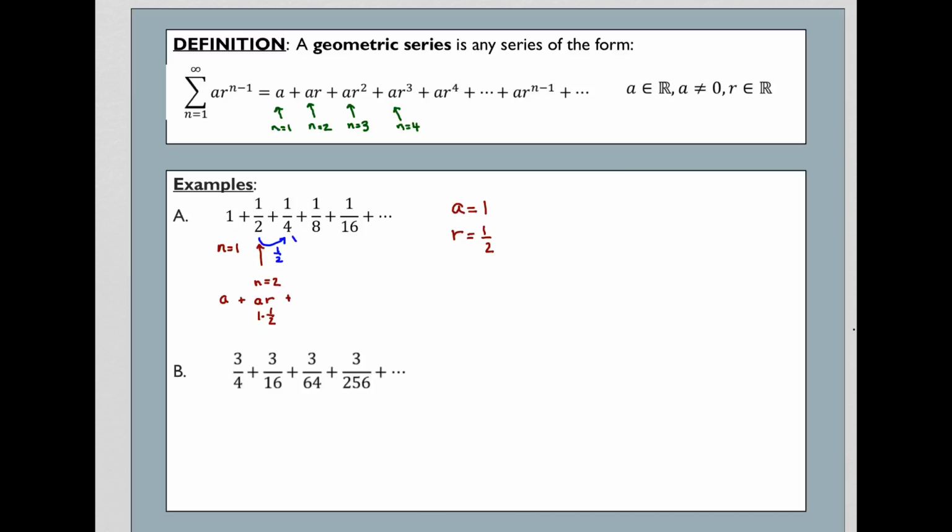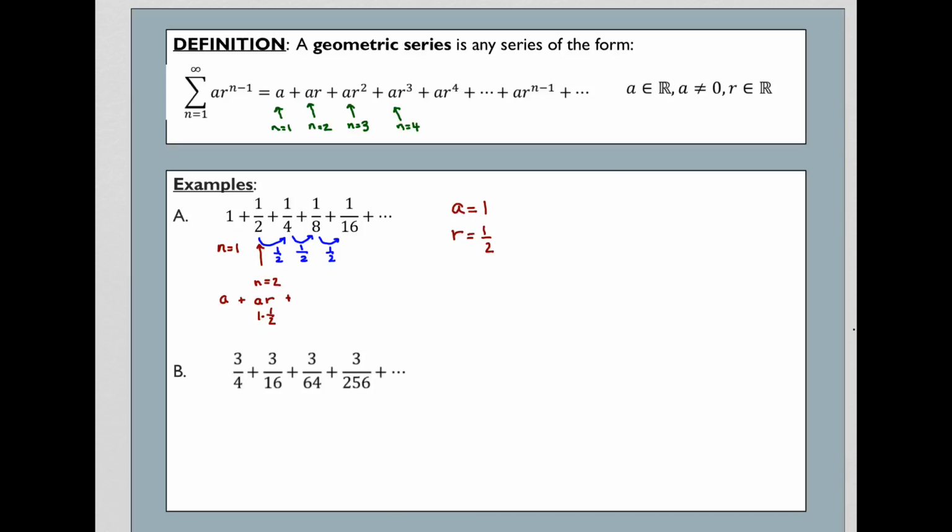In a geometric series, this ratio r is what I'm multiplying by each time. 1/4 times 1/2, sure enough, gives me 1/8. Let me try one more time. 1/8 times 1/2 gives me 1/16. Yes, I think this is the pattern.